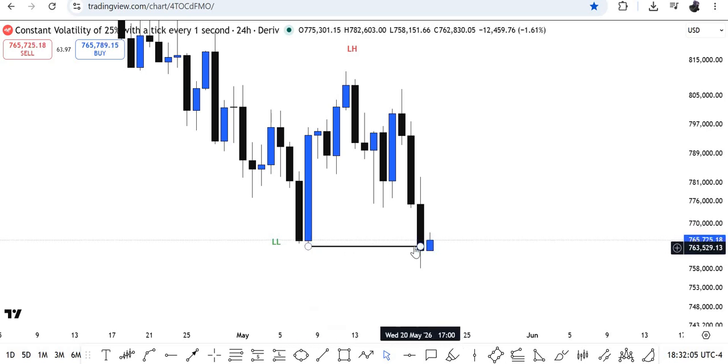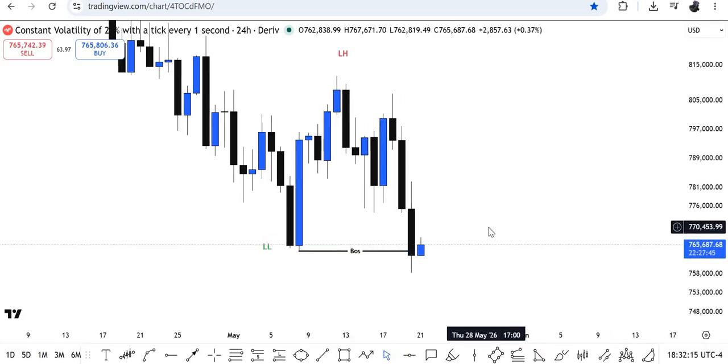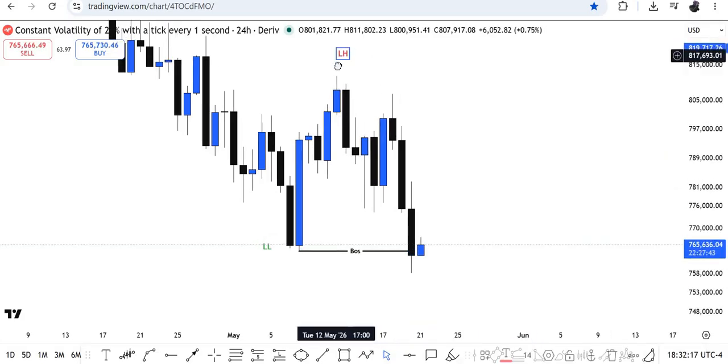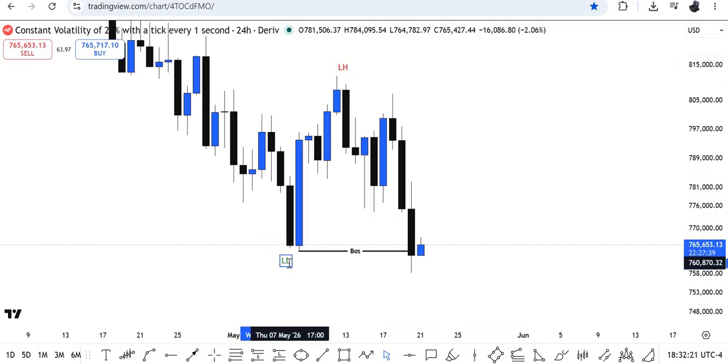So this is a confirmed break of structure to the downside. I normally put this as break of structure. A lot of people call it different names. Feel free, these are the terminologies that I use, so this is what works for me.